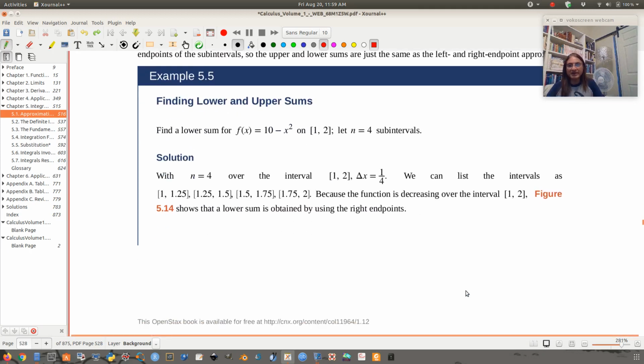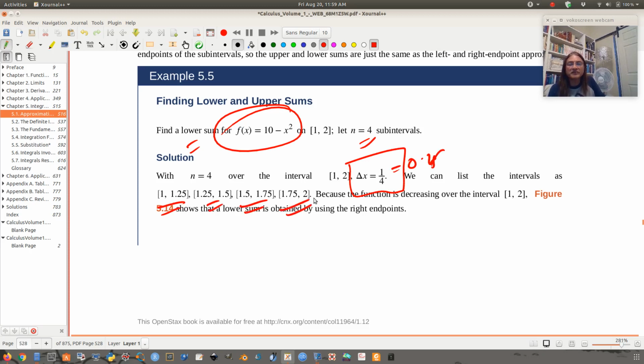Okay, another example. We are given the function, this one. Okay, find a lower sum again. So 1 to 2. So what is delta x? 2 minus 1 over 4. So delta x is once again 1 over 4. And the intervals from 1 to 2 are 1 to 1.25, because 1 over 4 is 0.25. 1.25 to 1.5, 1.5 to 1.75, 1.75 to 2.